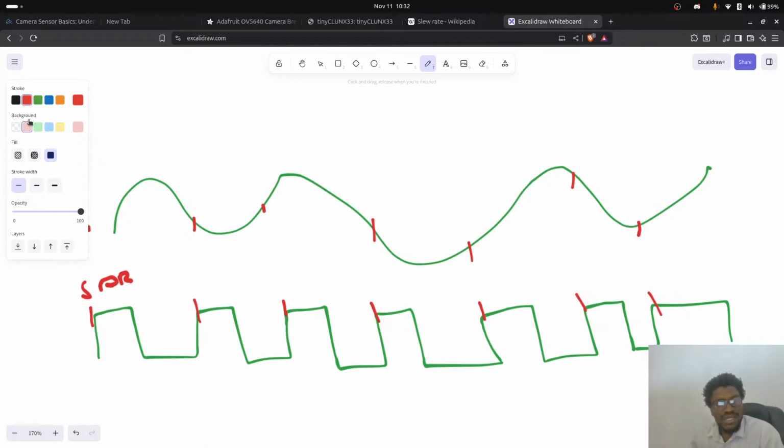And then let's look at DDR. In DDR, what happens is you're sampling the data at both the leading edge and the trailing edge of the clock. So you would sample here, and here, and here, and so on along the clock.